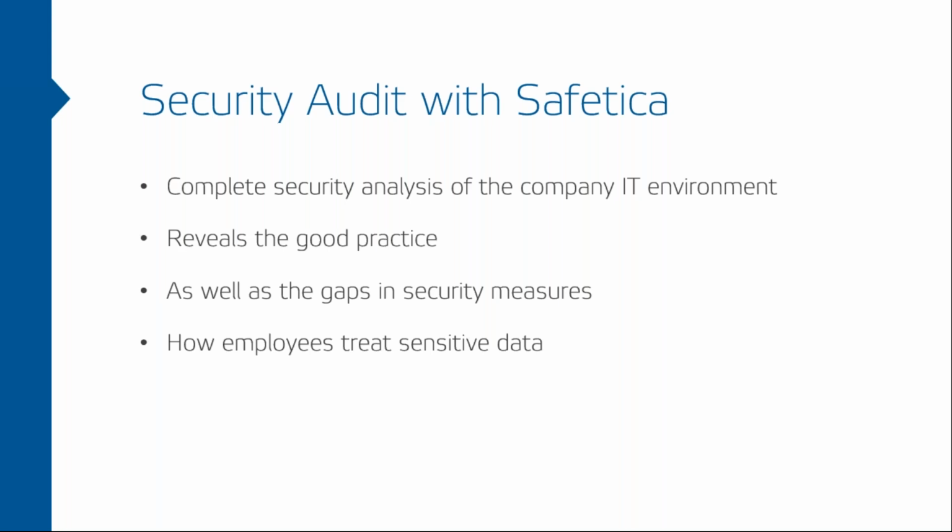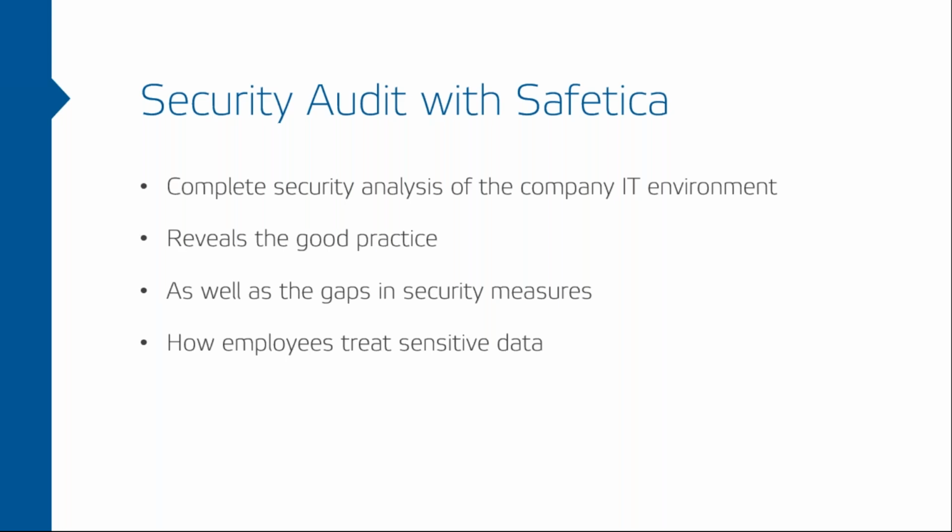It helps to find weak spots within the company. It sets the best practices for further DLP policies, and in general, it gives an overview of what are strong and weak places in the overall company security environment.